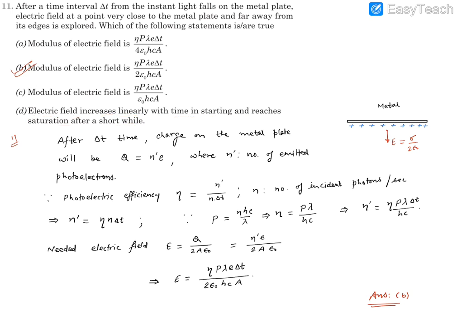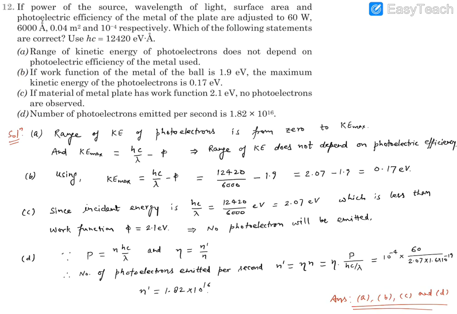If electrons are being removed, then the electric field will be given by this expression, and this field is linearly proportional to delta t, of course. Since we are removing the emitted electrons, this formula will keep acting for a long time, so it coming into saturation in a short while doesn't suit it. Okay, so option B is the right response.